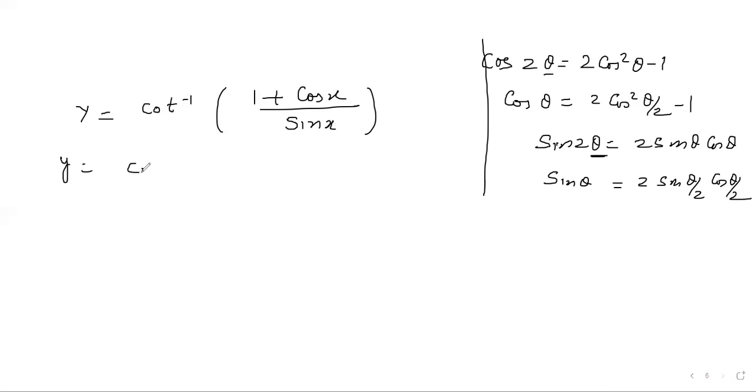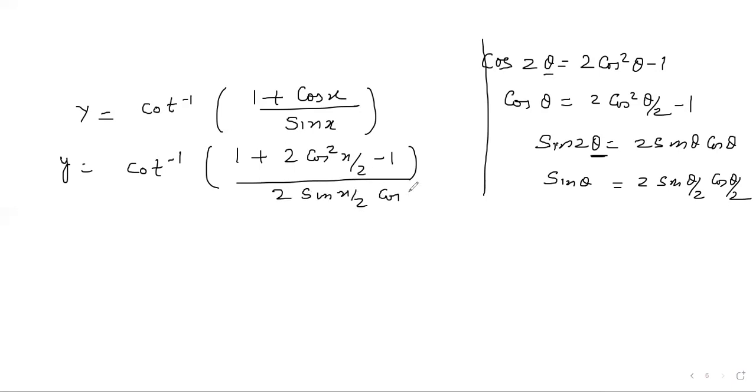So y equal to cot inverse (1 plus 2 cos square (x by 2) minus 1) divided by (2 sine (x by 2) cos (x by 2)). Now 1 will cancel out, and then this 2 will also get cancelled, and 1 cos will also get cancelled.